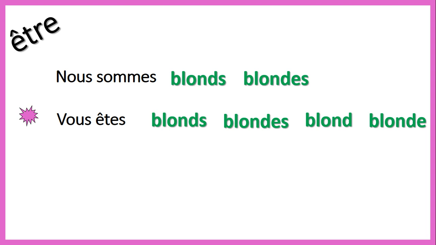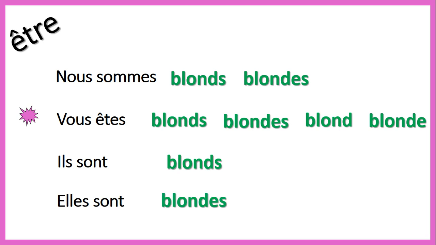As we have discussed in lesson 1, vous could have a meaning for singular or plural, which we will discuss further in this same video again. Ils sont blonds, they are blonde, and elles sont blondes. So obviously we only have one form for each of these 2 plural forms.